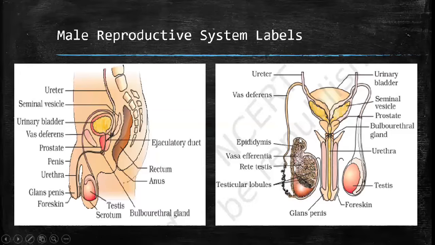And then we have the prostate below your urinary bladder. This is a prostate gland, which is very important. It produces an alkaline fluid, which neutralizes the environment inside the vagina since it is very acidic. So this alkaline fluid helps and protects the sperm from dying, you know.